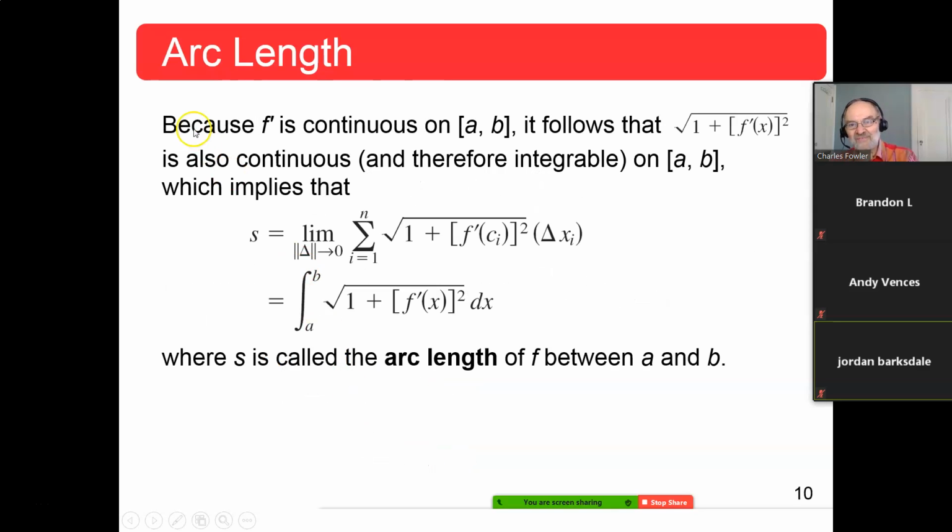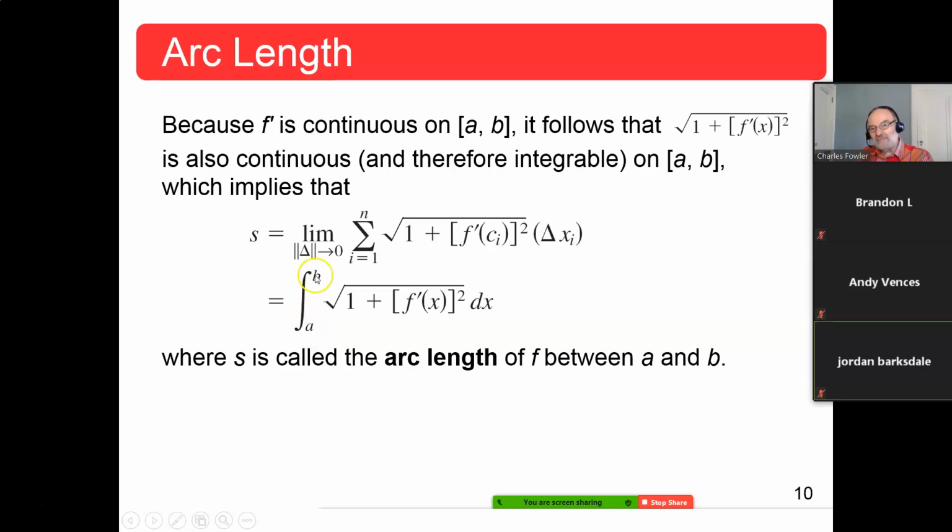Because f is continuous, f prime is continuous on that interval a to b, it follows that the square root of 1 plus f prime squared is also continuous, and therefore integrable. Does that mean it's going to be an easy integral? No, it doesn't guarantee that at all, but it is integrable on a to b, which implies then that this limit becomes that integral.